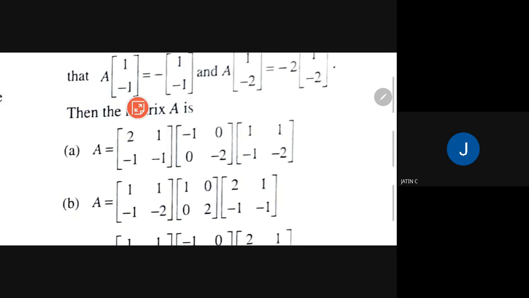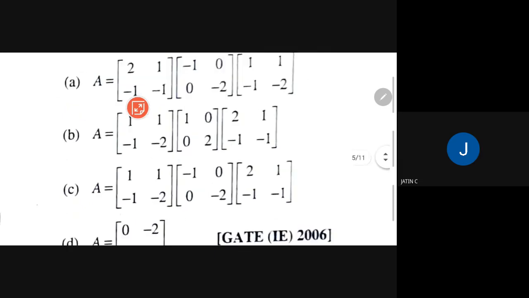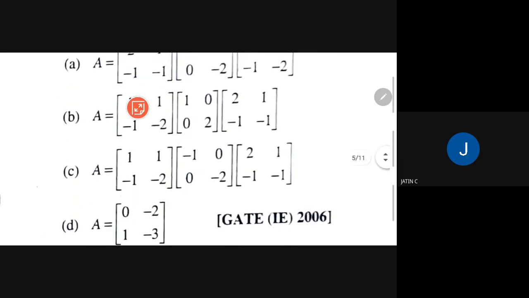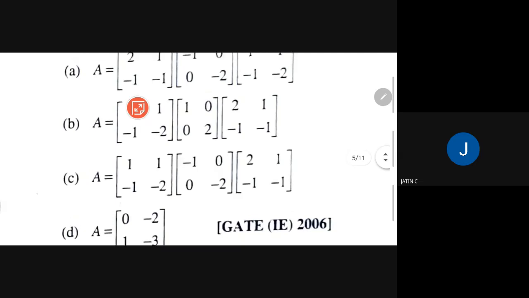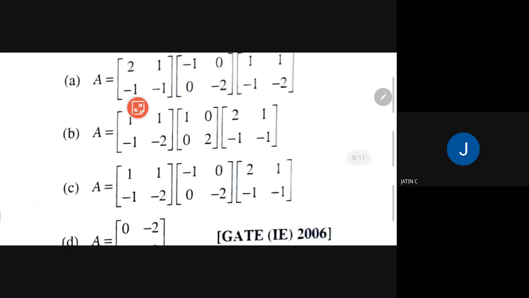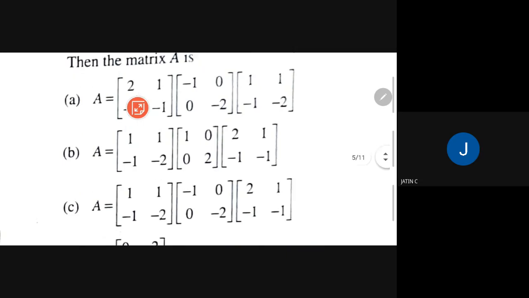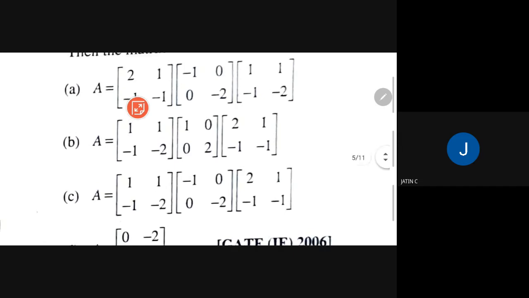You have to check whether there is any other choice. I think either B or C. For B and C, oh, sorry, minus 1, minus 2. Yeah. So C is the answer, I think.